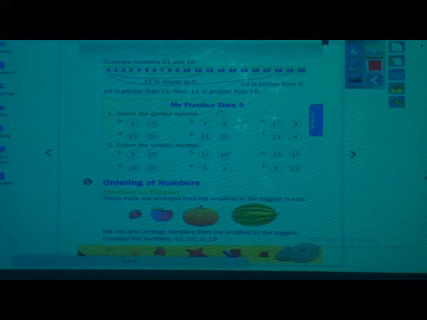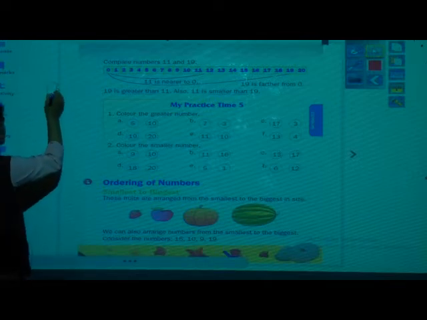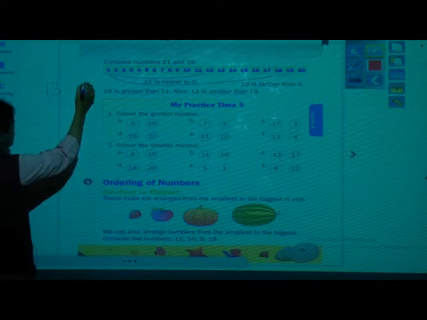Now can you see an exercise? Now we will do a little bit of practice of it. One more example, shall I explain? Fine. See, I will write here 13 and here 11.